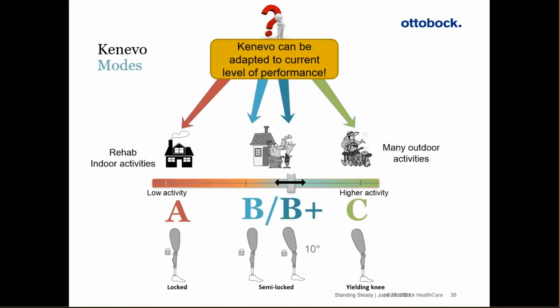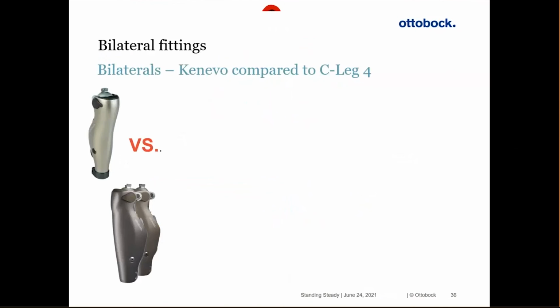So A is locked, B is semi-locked, where it will be locked in stance and free in swing, or this 10-degree flexion block they can get with B+, and C will be a yielding knee. Again, this is designed for the K2 population or those with the lower K3 end, but maybe don't need all the bells and whistles of the C-Leg.